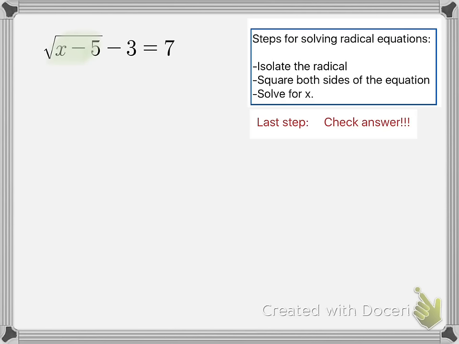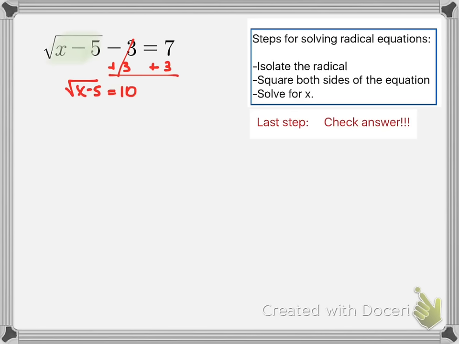So here's your radical, here's what's underneath it, and then here's that minus 3. So get rid of the minus 3. You're going to want to add 3 to both sides. What that's going to do is get rid of that minus 3. So now you have square root of x minus 5 equals 10.